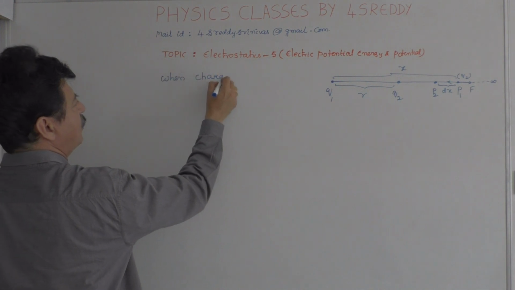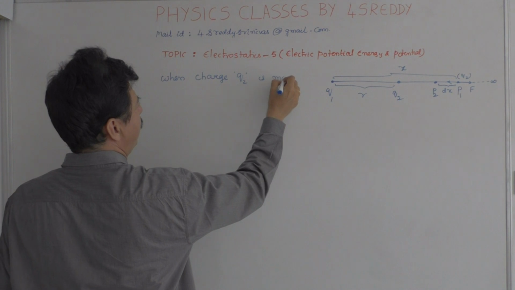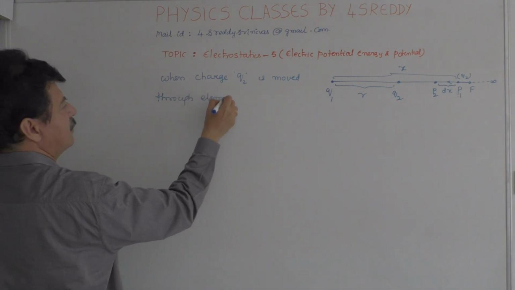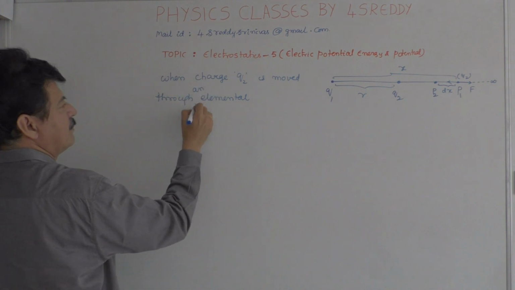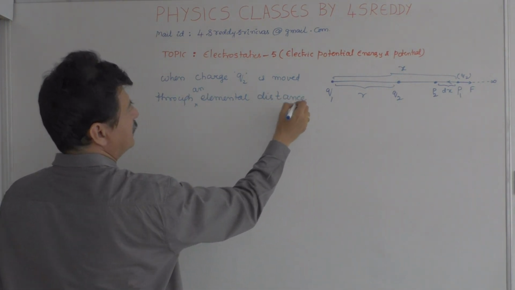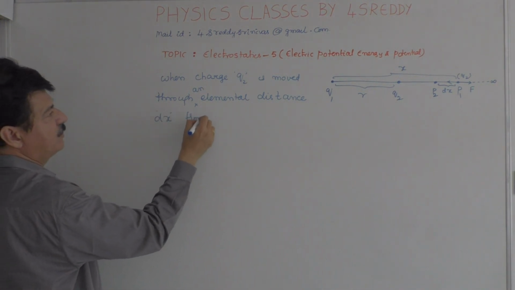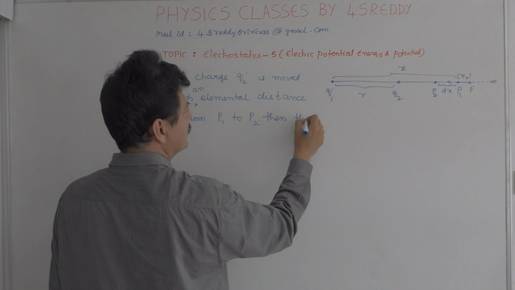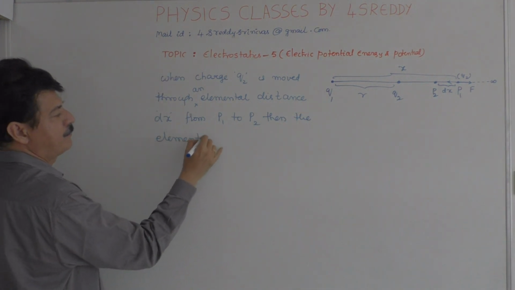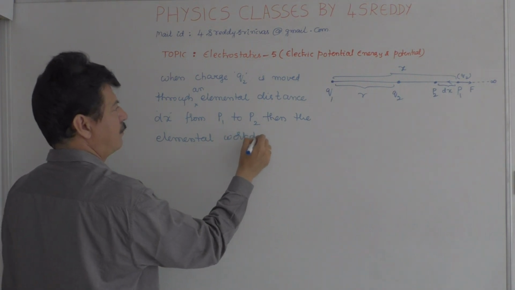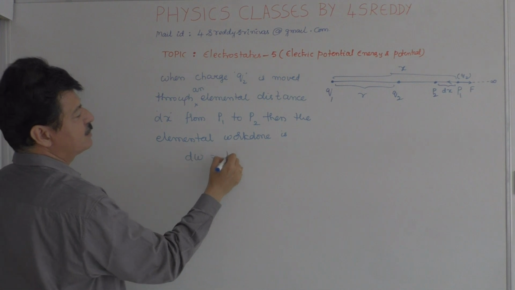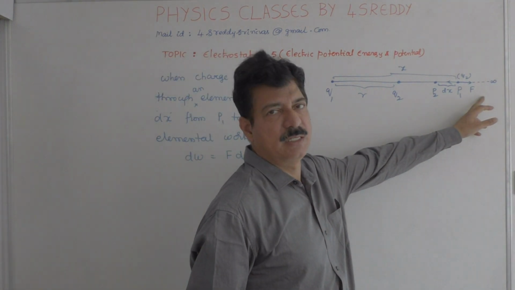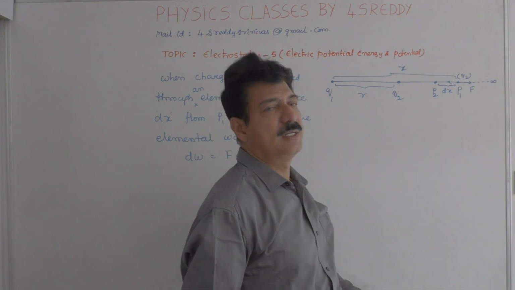When charge Q2 is moved through an elemental distance dx from P1 to P2, then the elemental work done is given by dW equals F dx cos 180, because the electrostatic force of repulsion is towards the positive x direction and displacement is towards the negative x direction.